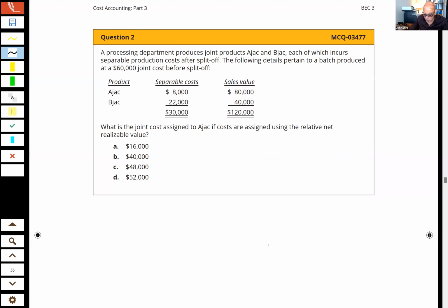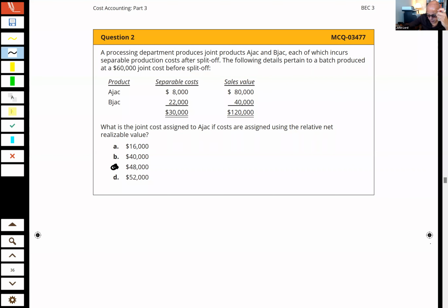Let me stop sharing and share the results with you. You can see that 67% of us picked C, which is the correct answer. Okay, good. Now let's look at this.